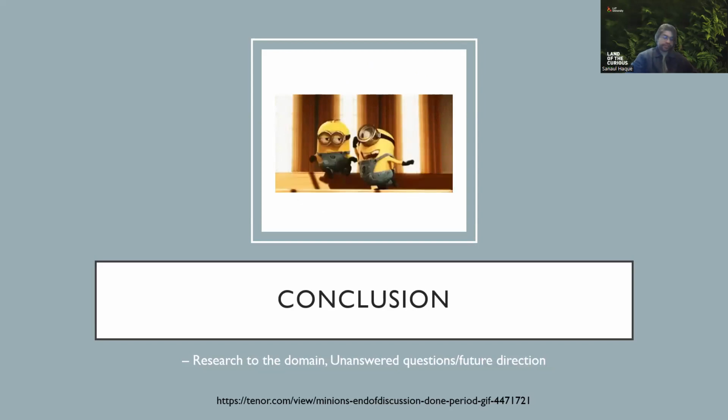In the conclusion, you can see people writing the future work, what needs to be done, and unanswered questions, what is still missing. Again, summarizing what you have found in the result and discussion and everything, you can add into the conclusion.